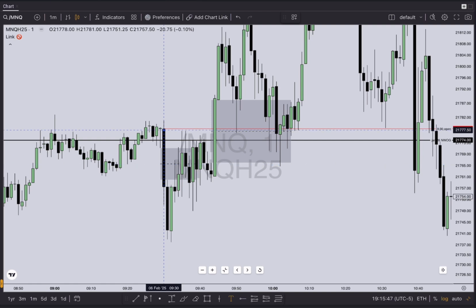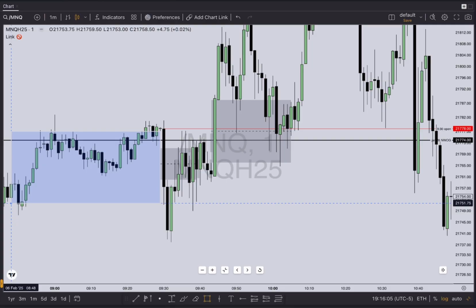If you guys remember the regular trading hours and the electronic trading hours, market closes at 4:14 and resumes at 9:30. When the market resumes at 9:30 here, this onward, so from here and before, isn't printed.